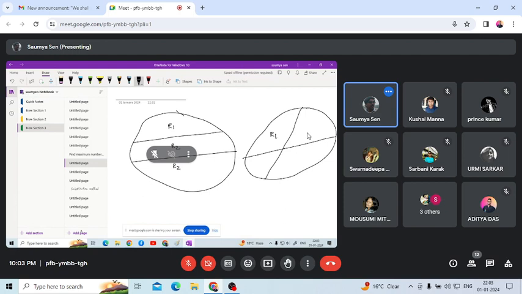R1, R2, R3, R4, চারটে। তাহলে দুটো যদি লাইন থাকে, তাহলে ম্যাক্সিমাম কটা রিজিয়ন পাওয়া সম্ভব হলো? তিনটে না চারটে?